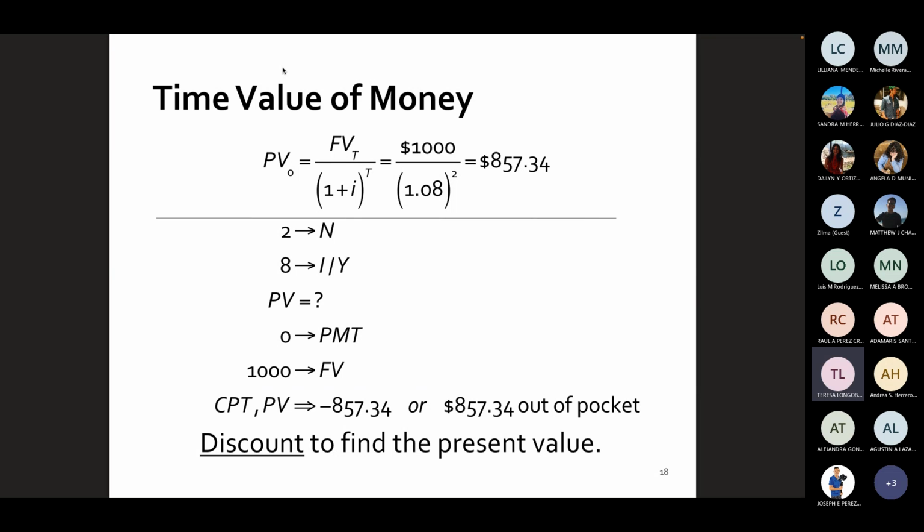For the finance calculator, you would enter the same values: 2 into number of years, 8 into interest, PV we leave blank, we put 0 into payment because we're not going to use that, and 1,000 into future value, and we compute PV to get this amount. It will come out as a negative, implying you have to spend that. So the calculator's telling you what to do, right? You've got to spend that out of pocket to get the 1,000 in the future.